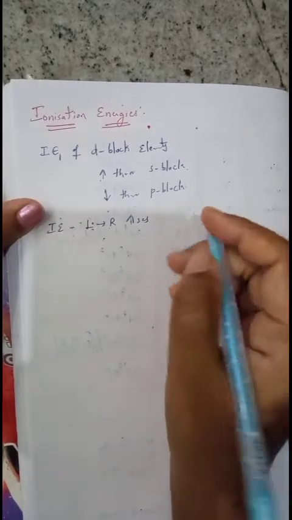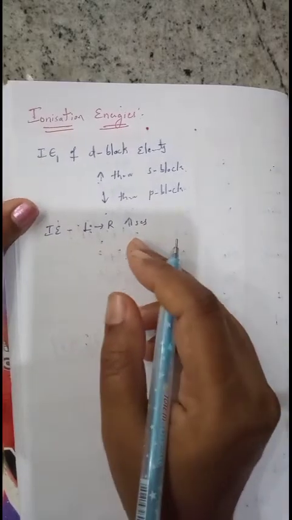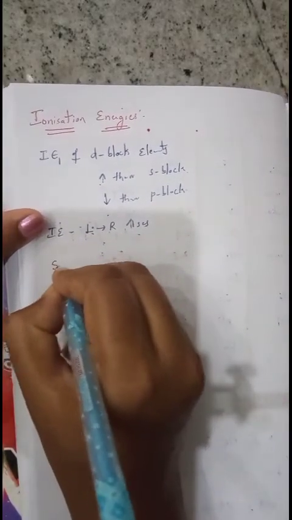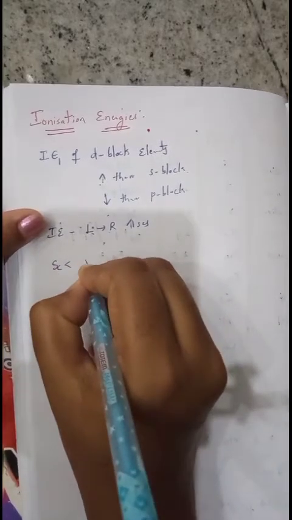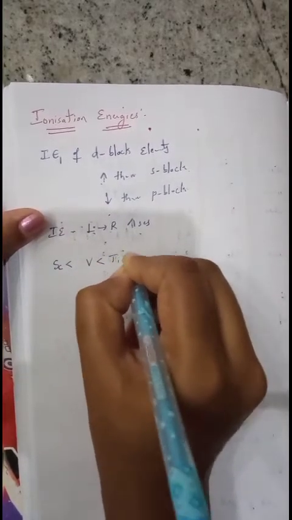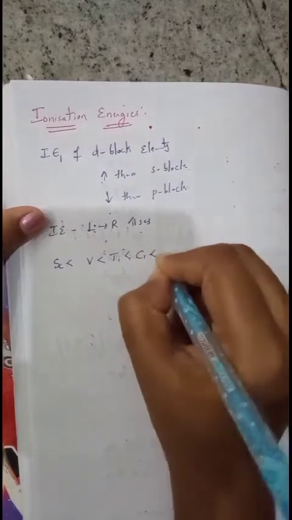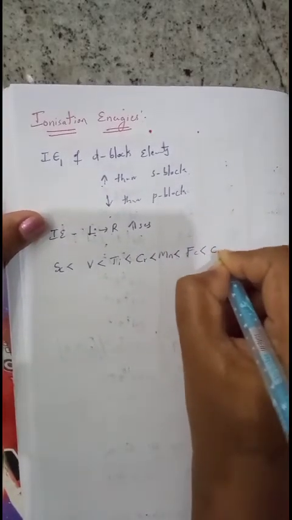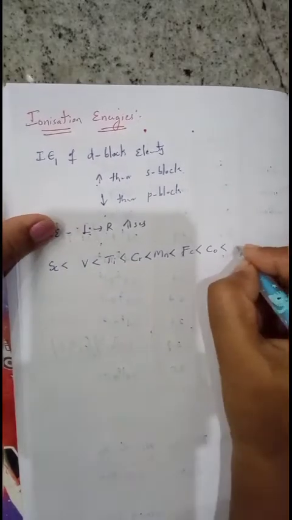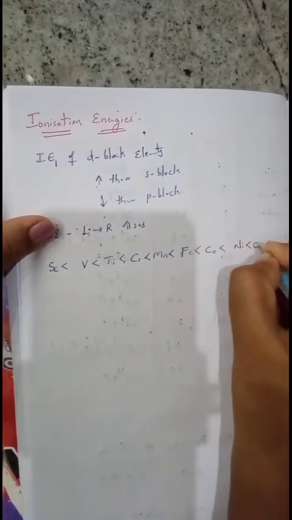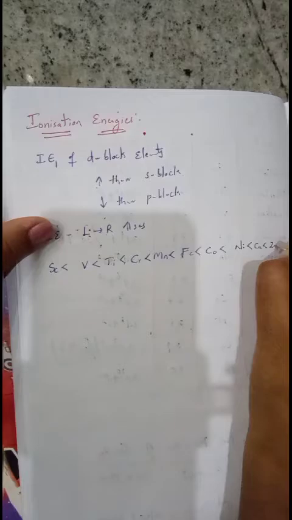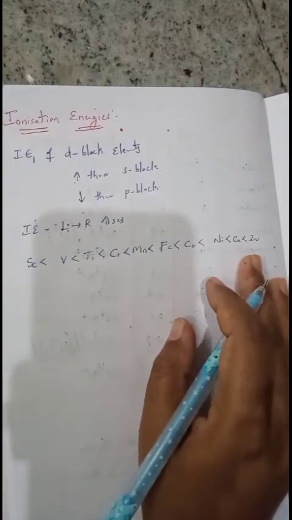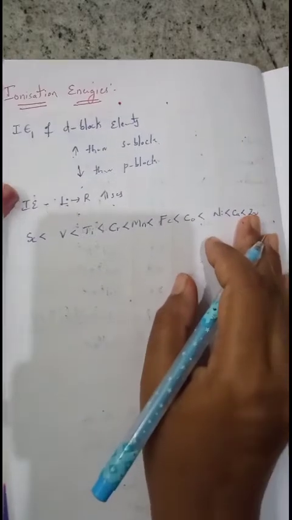The ionization enthalpies of the 3d series follow this order: scandium is less than titanium, vanadium, chromium, manganese, less than iron, less than cobalt, less than nickel, less than copper, less than zinc. This is the ionization enthalpy order of 3d series elements from left to right.